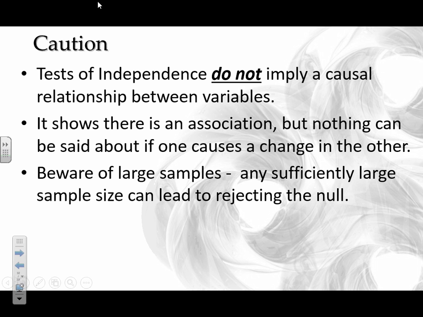The other thing you have to be careful with is extremely large samples. As part of the calculations within these tests, if we have extremely large samples, we will always reject the null, even if there might not actually be evidence to support the fact that there is an association.